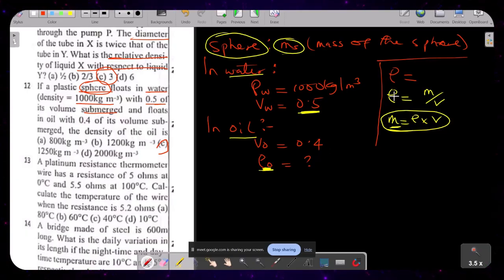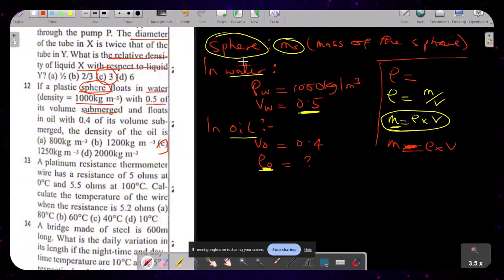The density is given as mass over volume. If you cross multiply, we have mass is equal to density times what? Your volume. So we've gotten mass is equal to density times volume.